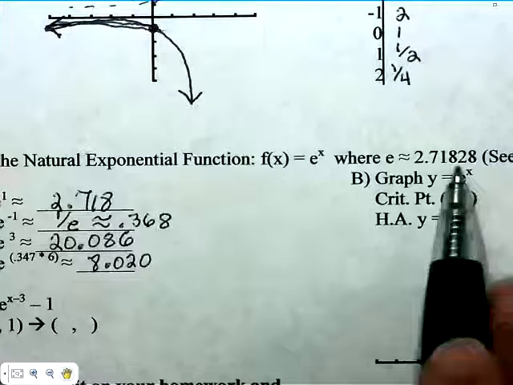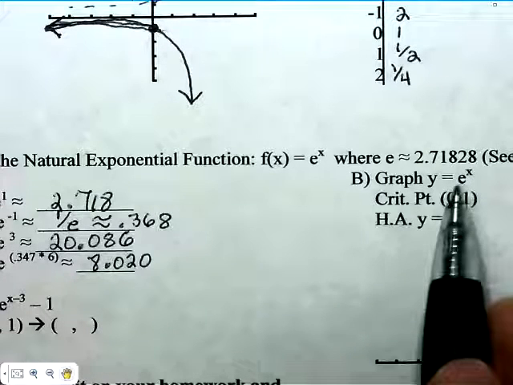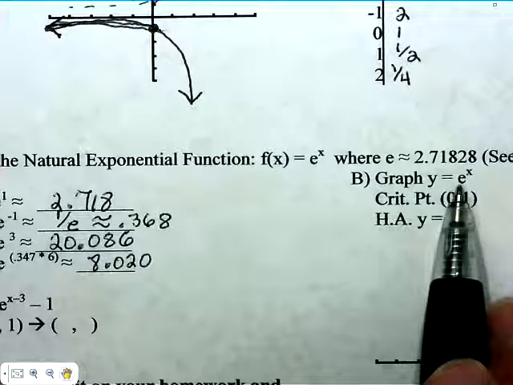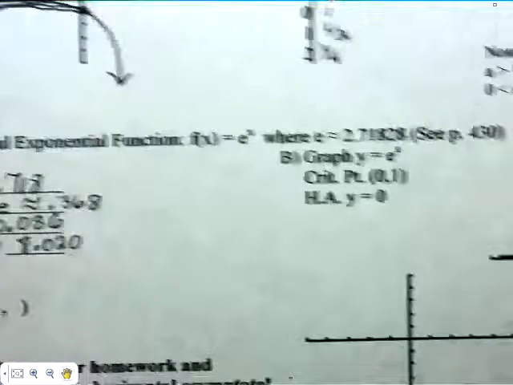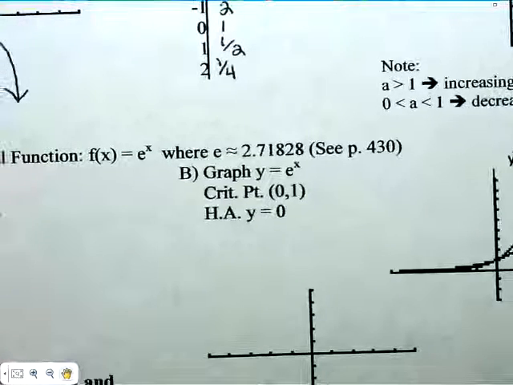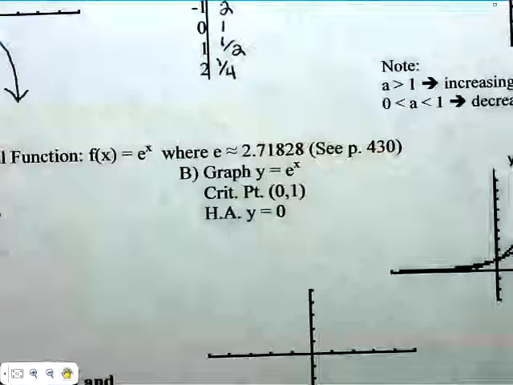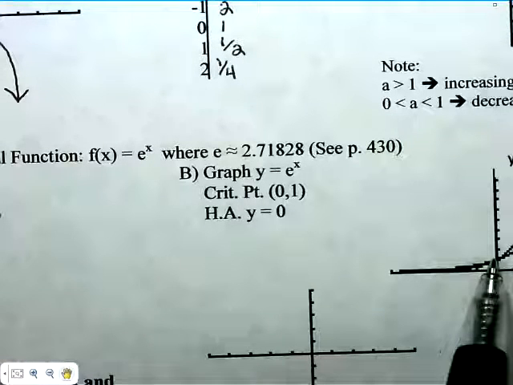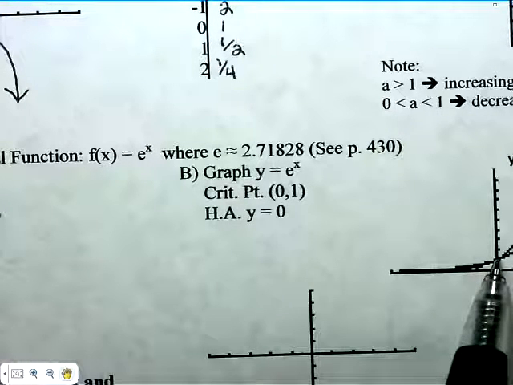No matter what power you raise e to, you're never going to get a negative because e is a positive number. So the graph's going to keep approaching the x-axis to the left, just like all the other exponential functions with bases greater than 1. It's an increasing function. It hits that critical point (0, 1).